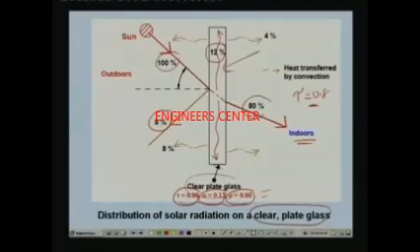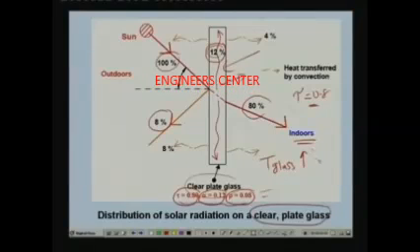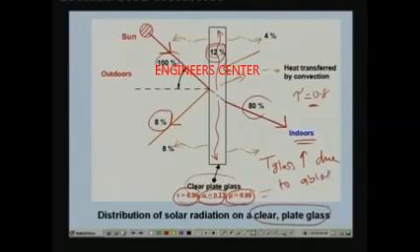This is based on the optical properties of the clear glass. Now, of the 12% absorbed, what happens to this 12% of the radiation absorbed by the glass? This will increase the temperature of the glass. That means glass temperature increases due to absorption of radiation.